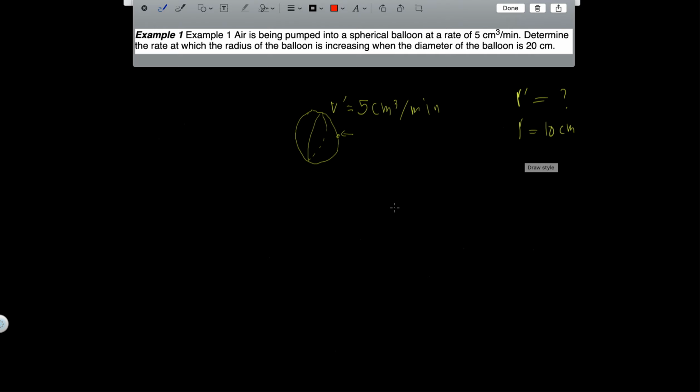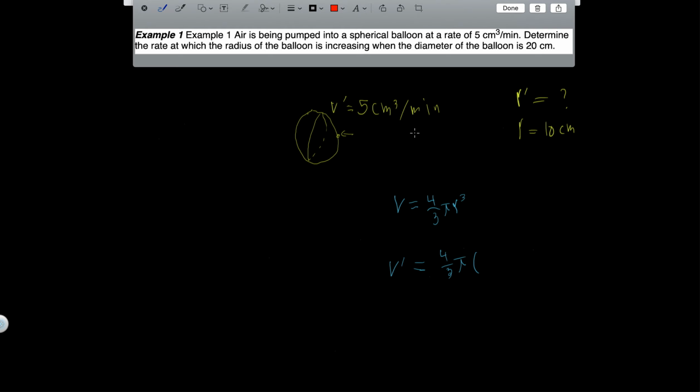First of all, let's define the volume of a sphere. Volume of a sphere is 4/3 pi r to the third, because we need the units to be to the third power, it's volume. So let's take the time derivative of both sides, and let's see what happens. The time derivative of the left is just V prime, or dV/dt. On the right side, we have 4/3 pi, which is just a constant, so that stays there.